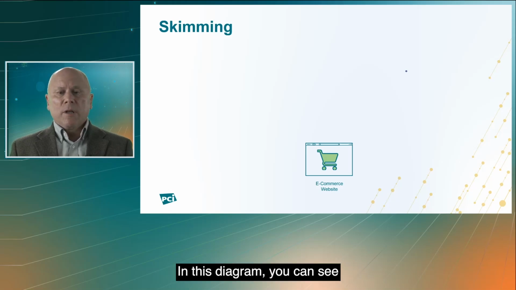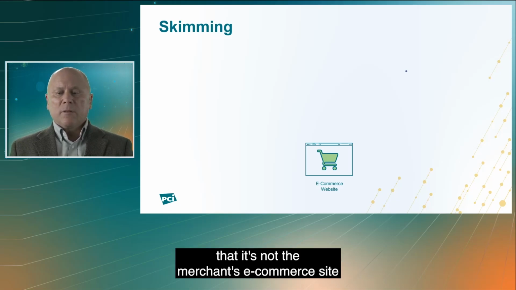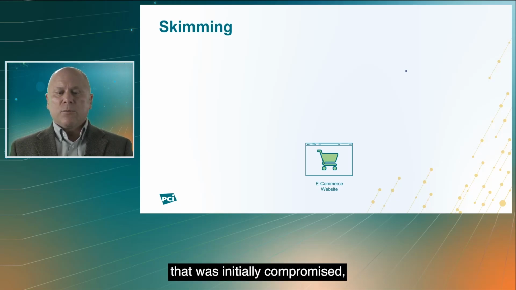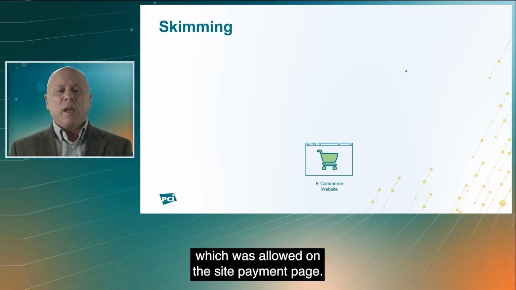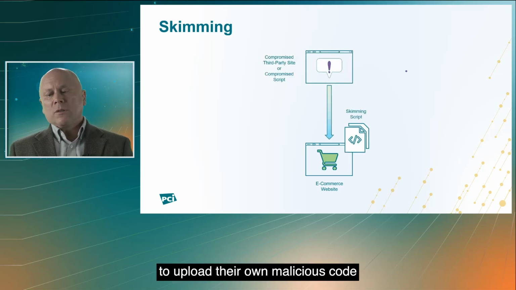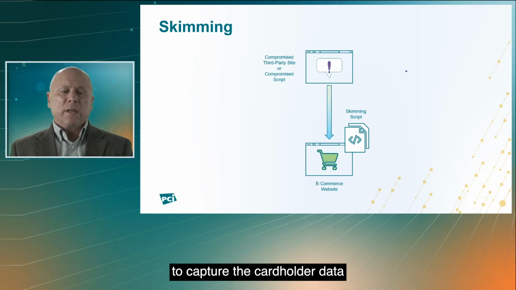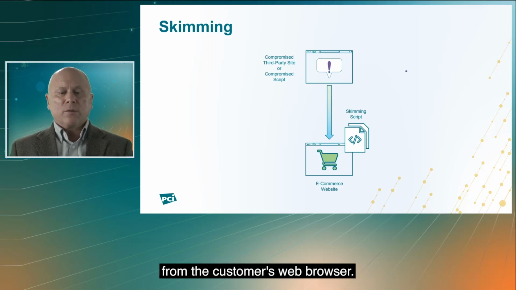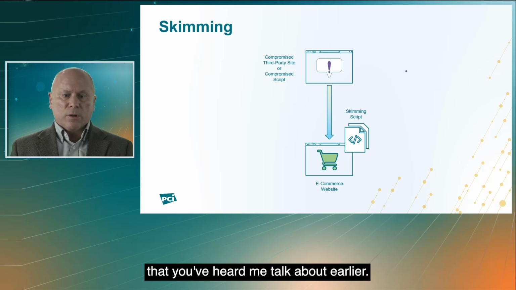In this diagram, you can see that it's not the merchant's e-commerce site that was initially compromised, but a script provided by a third party, which was allowed on the site's payment page. Attackers use these scripts to upload their own malicious code to capture the cardholder data from the customer's web browser. That's the client side that you've heard me talk about earlier.